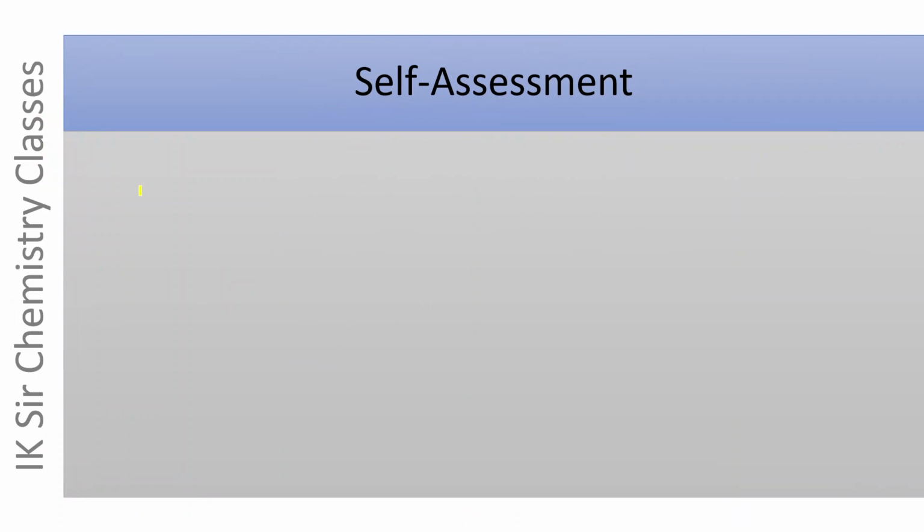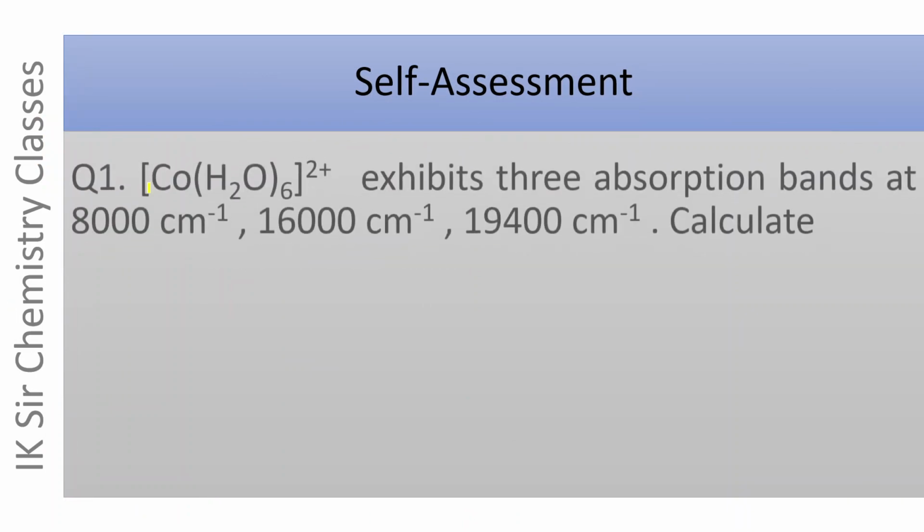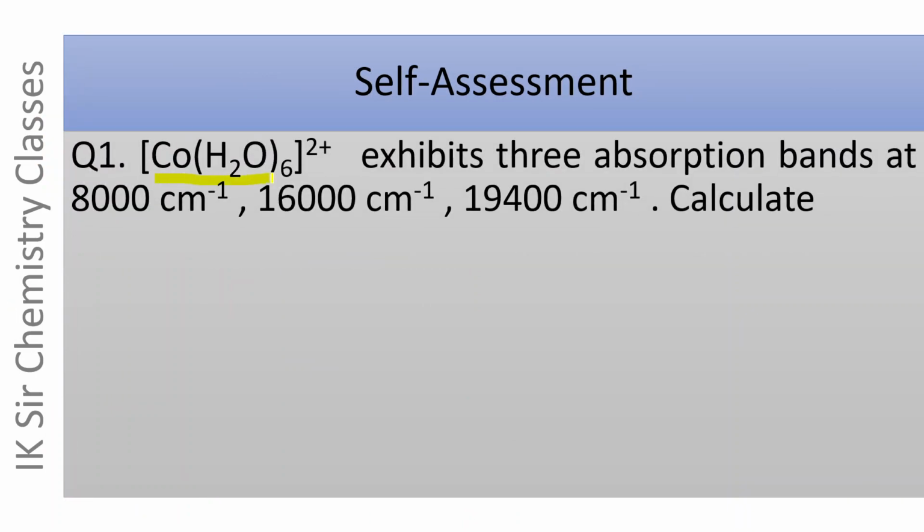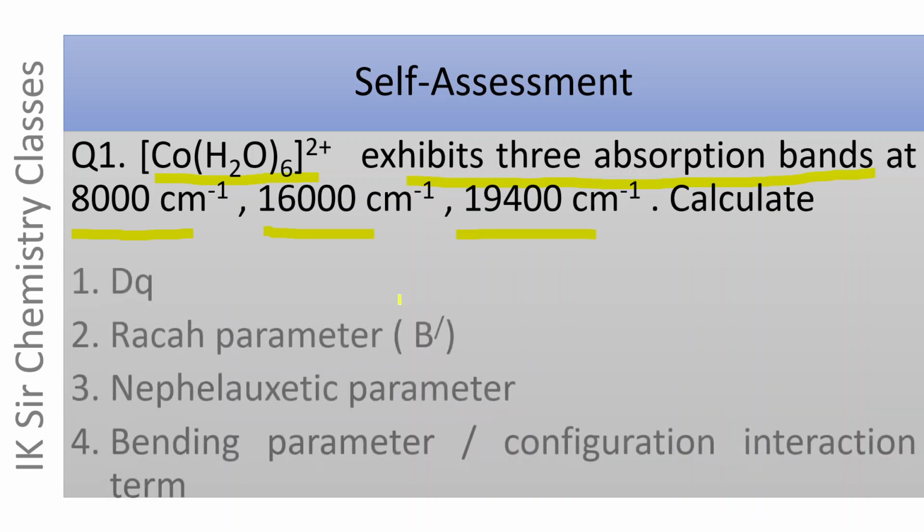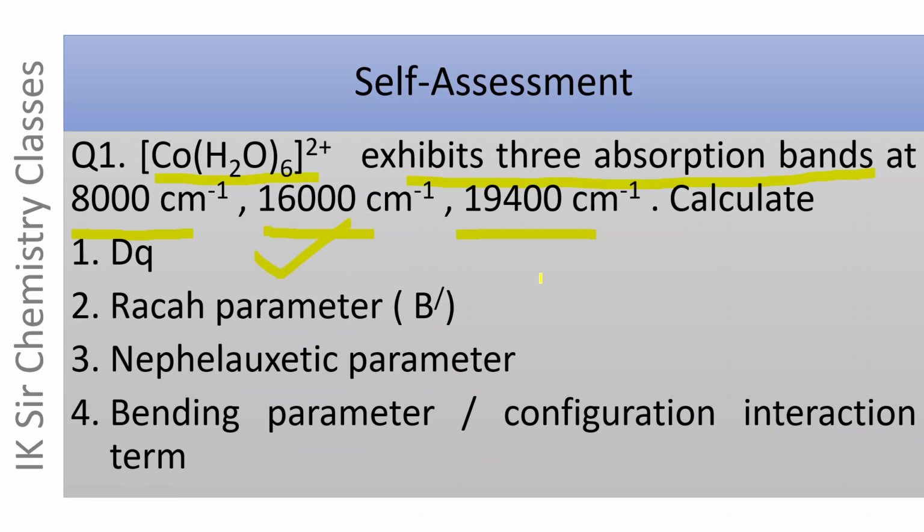Now, the time for self-assessment. [Co(H2O)6]2+ exhibits 3 absorption bands at 8,000 cm⁻¹, 16,000 cm⁻¹ and 19,400 cm⁻¹. Calculate dq, Racah parameter B', nephelauxetic parameter and bending parameter. Solve this problem and it will be asked in the classroom.